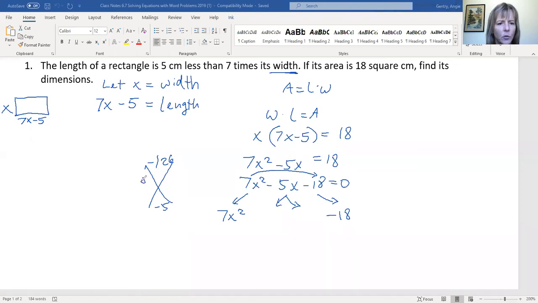This is not a super easy one as far as figuring it out. Which one has to be negative for that to be a negative 5, then negative 14? These are the 2 numbers. When you add them, you get negative 5. When you multiply them, you get negative 126.